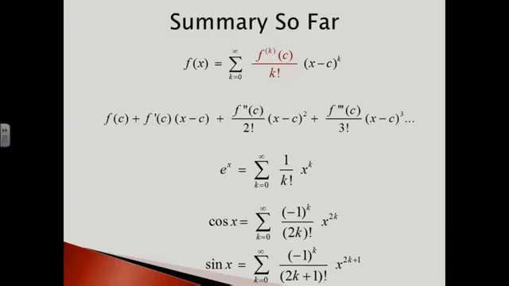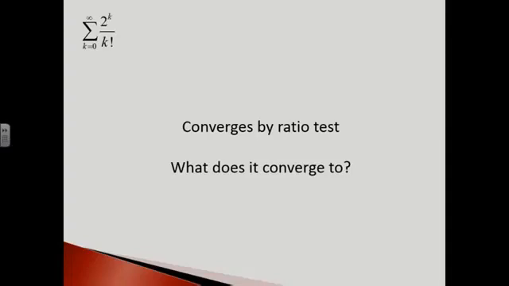Now we will apply this series to solve some interesting problems. The first problem is to find the sum of the series sigma k from 0 to infinity of 2 to the power of k divided by k factorial. We can verify that this series converges by the ratio test. But what is this sum?